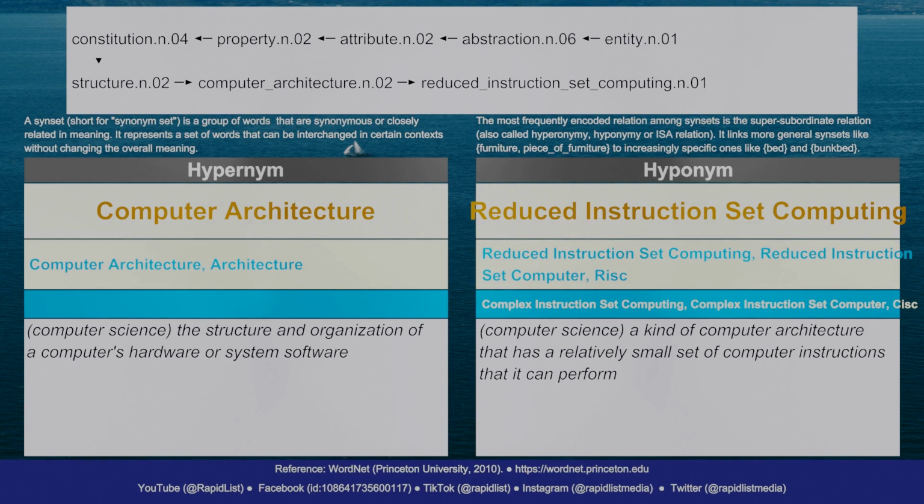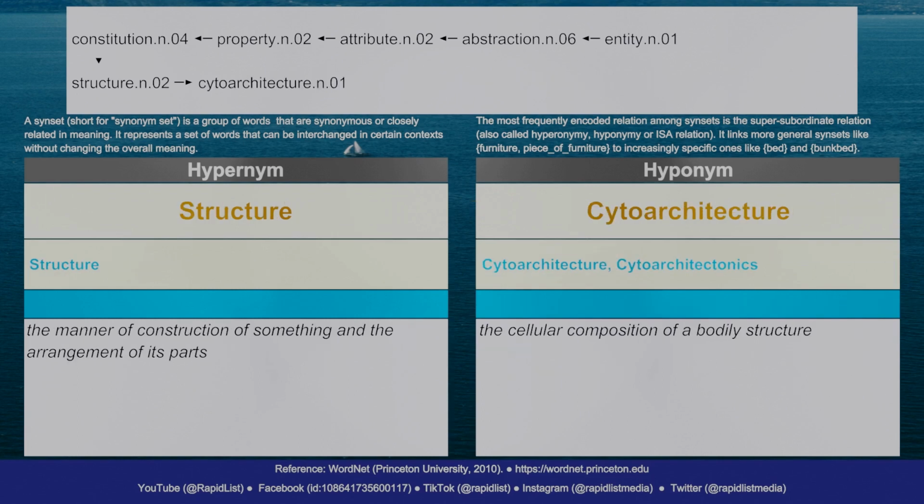Computer science, a kind of computer architecture that has a relatively small set of computer instructions that it can perform. Cytoarchitecture. The cellular composition of a bodily structure.